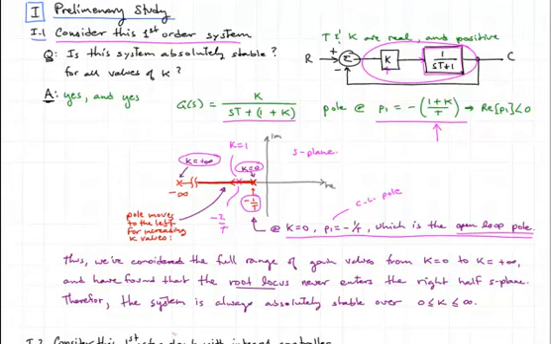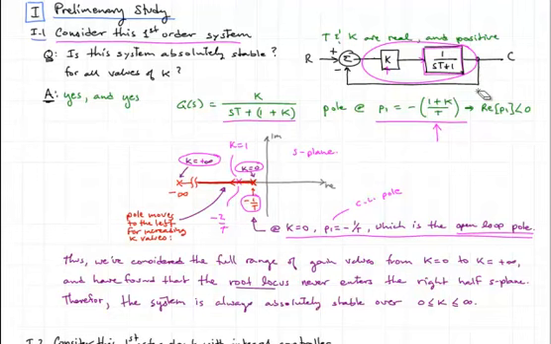The pole of that transfer function is minus 1 over capital T. And the closed loop pole, being simply minus the quantity 1 plus K over T, evaluates to that open loop pole when K equals 0. And then as K goes to infinity, our closed loop pole goes to minus infinity.